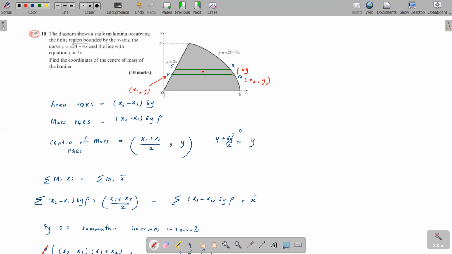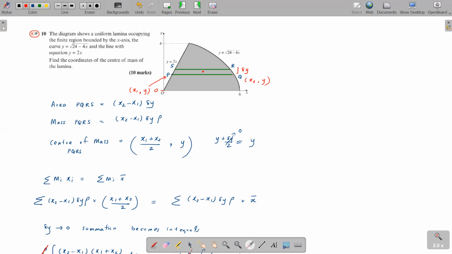You don't use this x value and then find this. If you use the limits from 0 to 60, that's completely wrong, because you're assuming that you are doing this along the x axis. We are doing this along the y axis, which means we need the y limits, guys. Is that okay? So here the starting y value is 0, and the ending y value is already marked here.